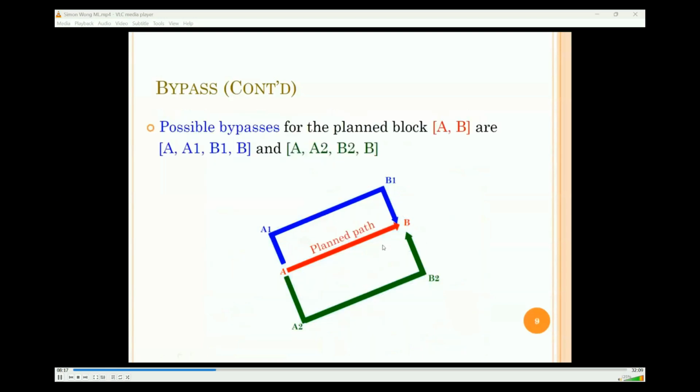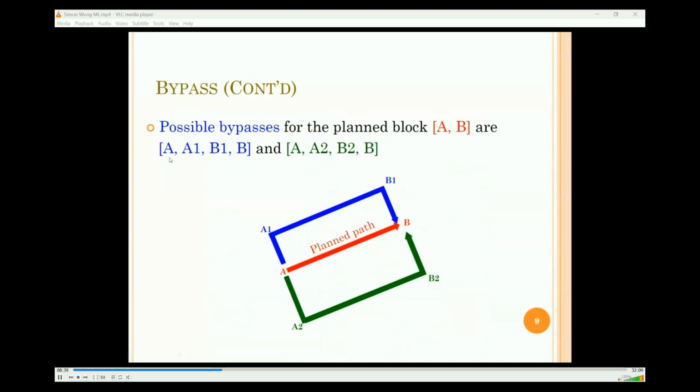The possible bypasses for this planned block: I use this notation AB, with a square bracket, to indicate the block between junction A and junction B. These are the possible bypasses for the planned block AB.